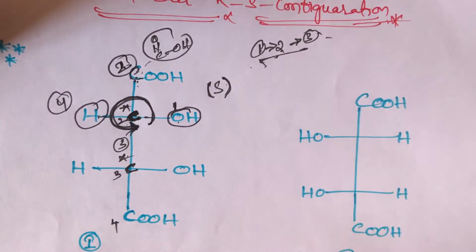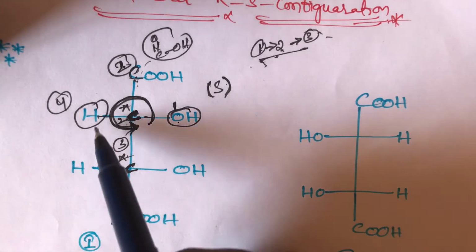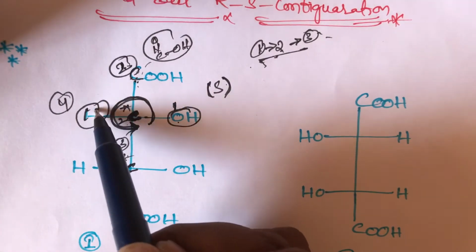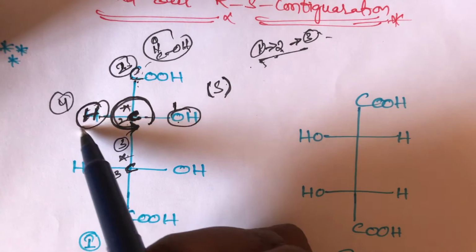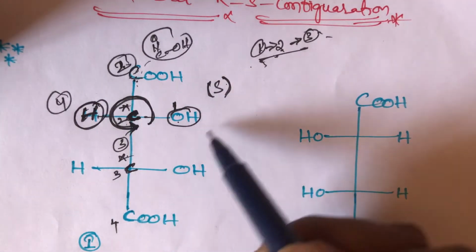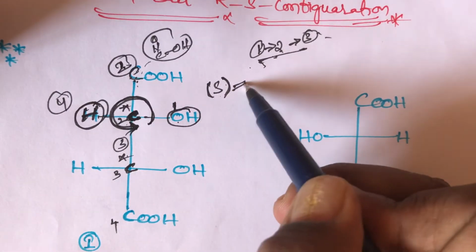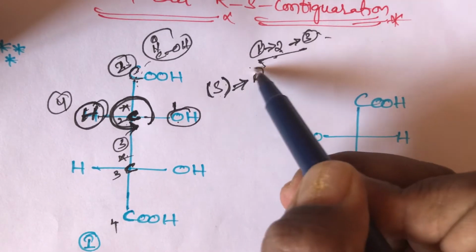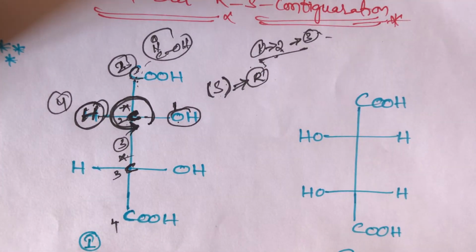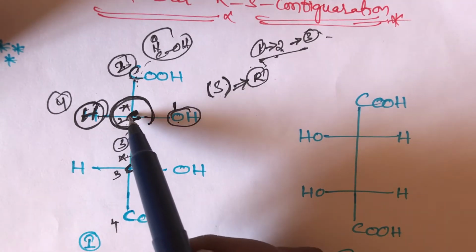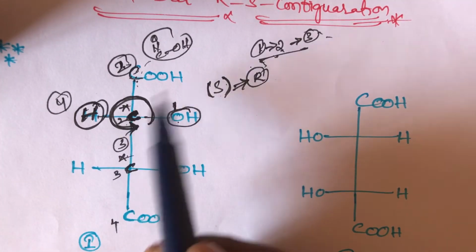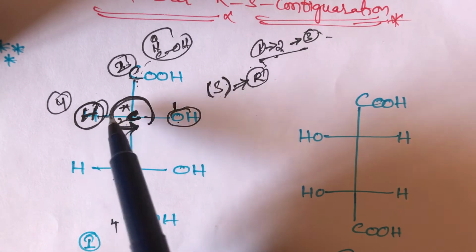But what is the third rule here? If the lowest priority group is present on the horizontal line, here the lowest priority group is hydrogen, the lowest atomic number, then S configuration becomes R, and R configuration becomes S. So in this second chiral center, the least priority group, hydrogen, is present on the horizontal line.